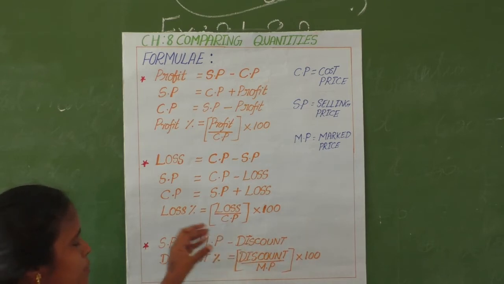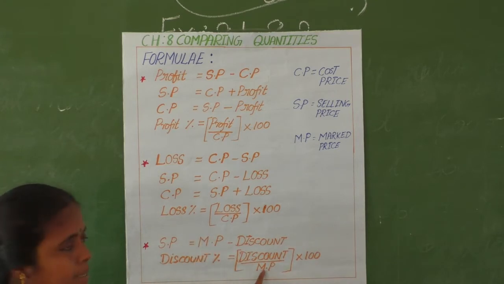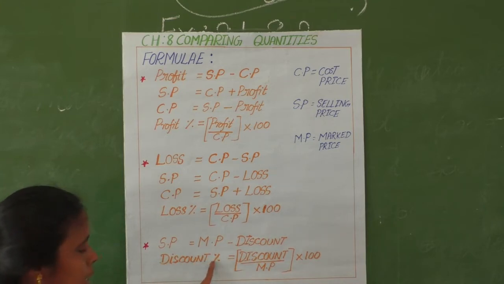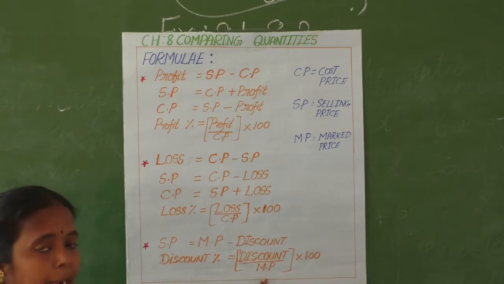The discount is mentioned based on the marked price only, so that is to be considered as the base. So discount percentage equal to discount amount by marked price into 100%.